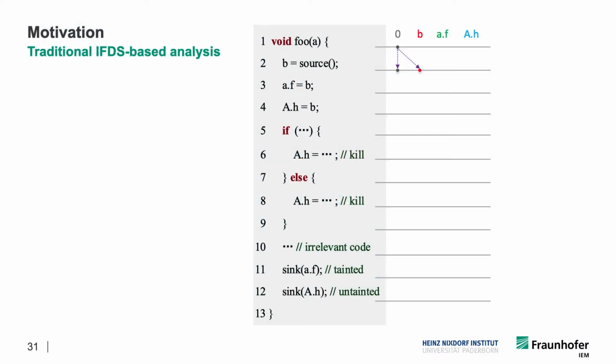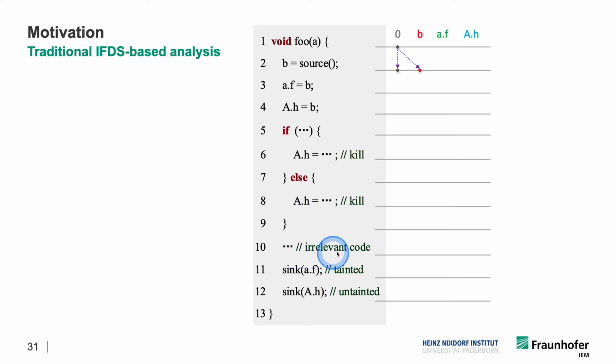So let's take a look at this little example program here, right? So it's not doing all that much. It's assigning this source, so basically a taint to variable b. And that is being assigned, first of all, to an instance field, small a.f, but also then to a static field, capital A.h. And then here there are a couple of branches where this might be killed.